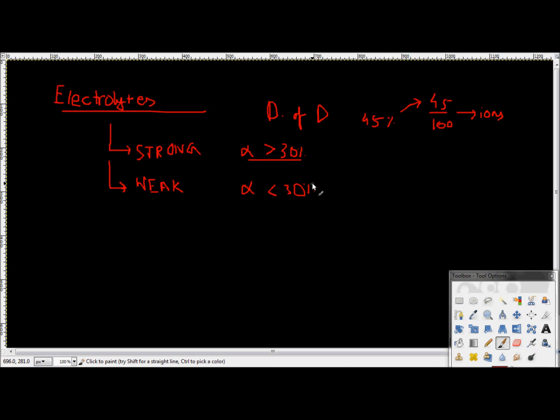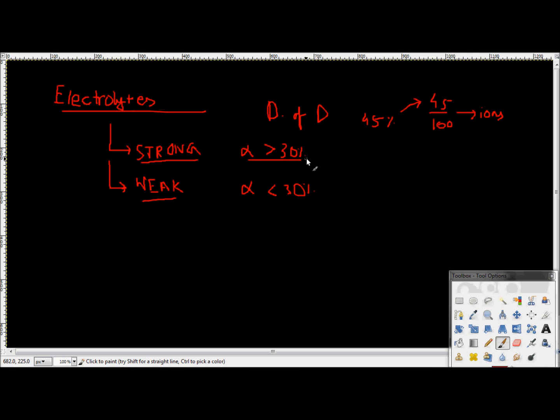Now some of the characteristics. Strong electrolytes will break up into only ions. They will leave behind few molecules, while weak electrolytes will definitely have more molecules and fewer ions.